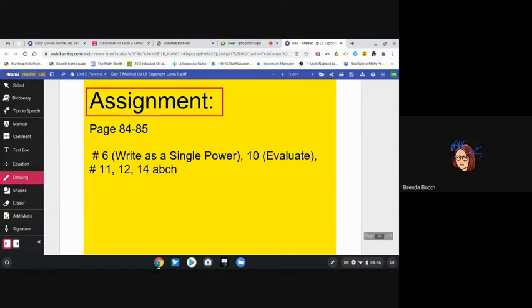So simplified meaning apply any exponent laws that you can, and then do BEDMAS to figure out the answer. But that whole simplifying each expression is kind of like saying apply the exponent laws first and then evaluate.